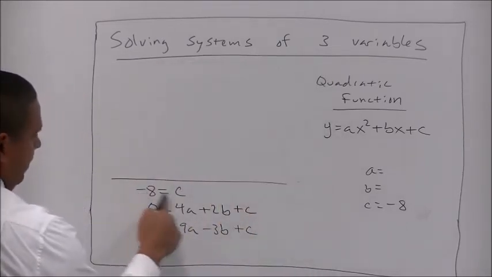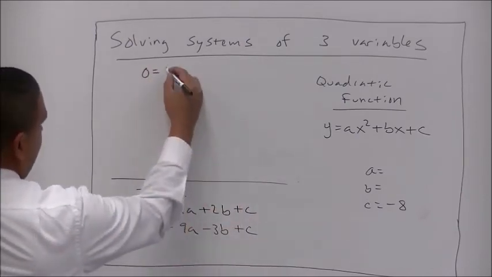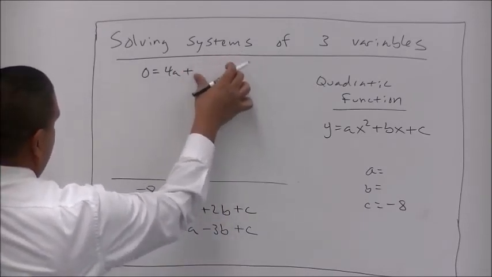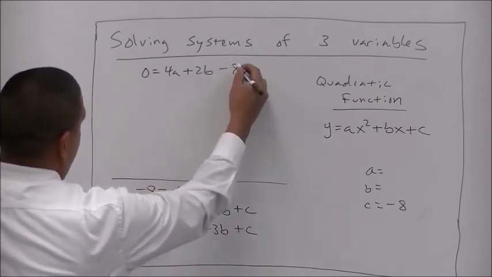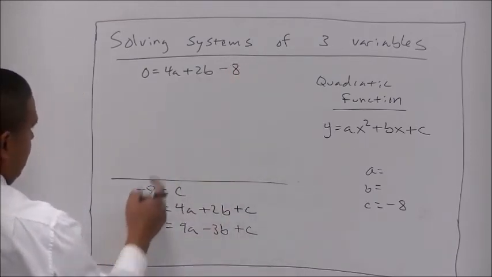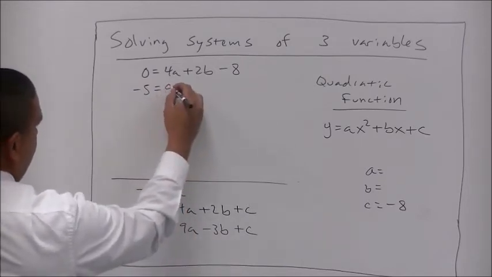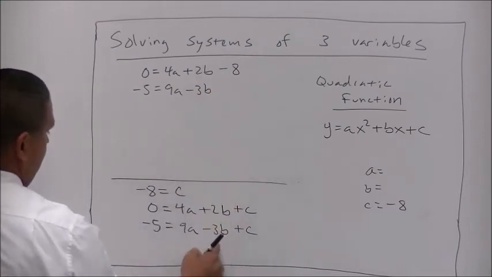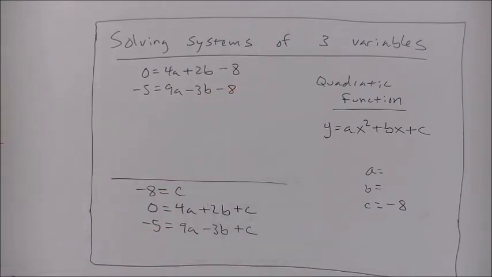So if we put the -8 here, we got 0 equals 4a plus 2b minus 8. And then the second one, -5 equals 9a minus 3b minus 8. Everyone's good there?